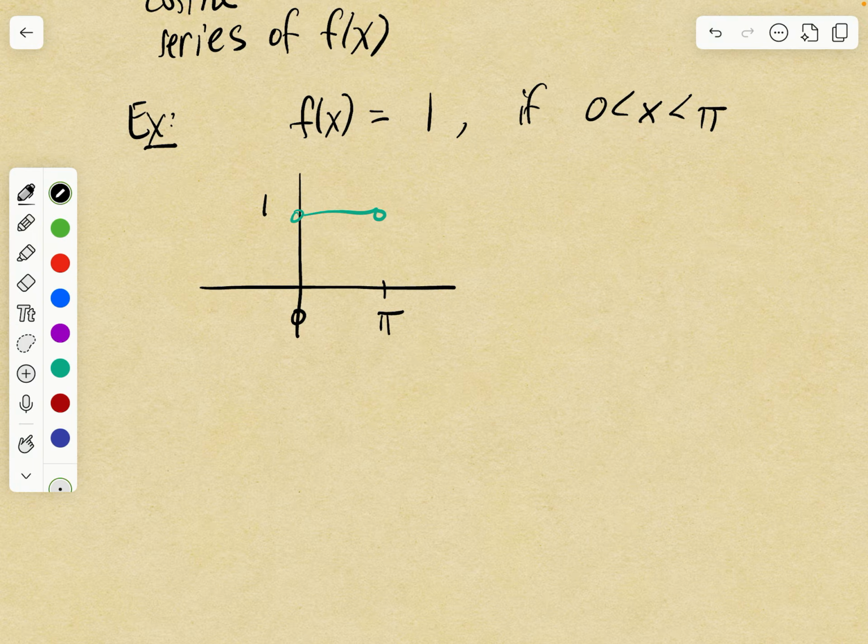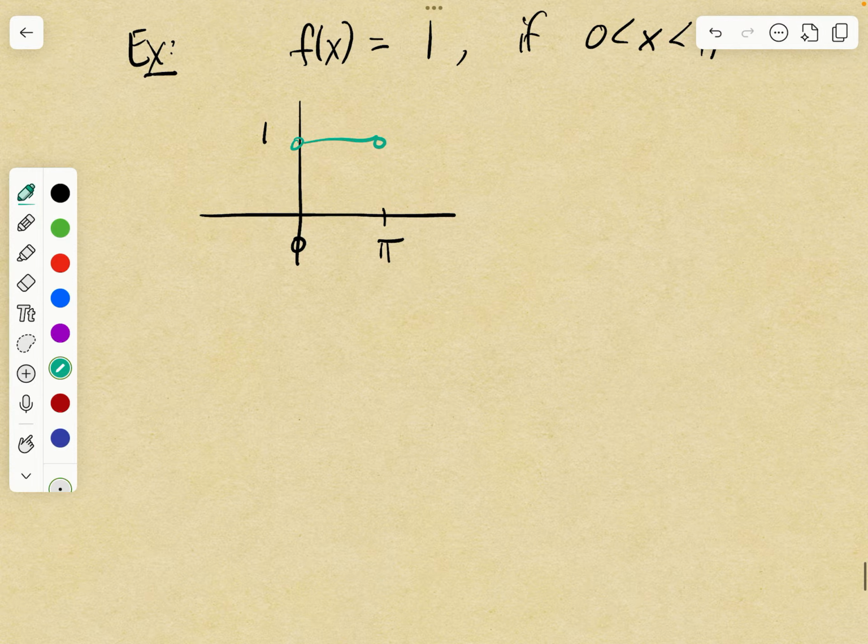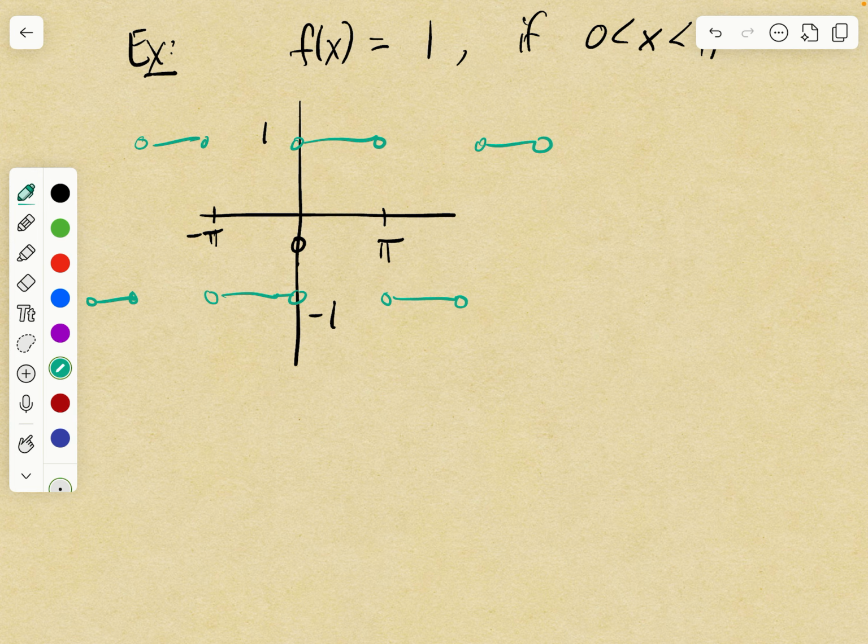Well, this function is going to have an odd pi periodic extension. It's going to be negative 1 when x is between negative pi and 0. And then it's just going to keep repeating itself forever. So that's the odd periodic extension.